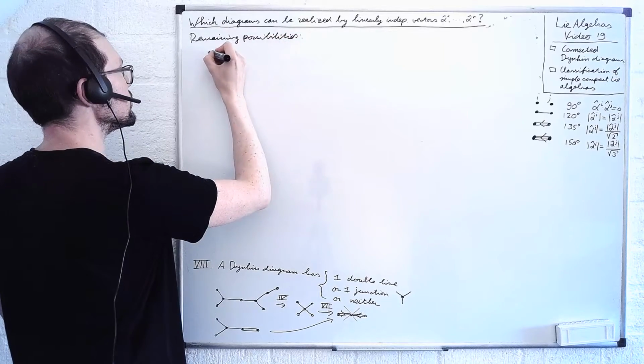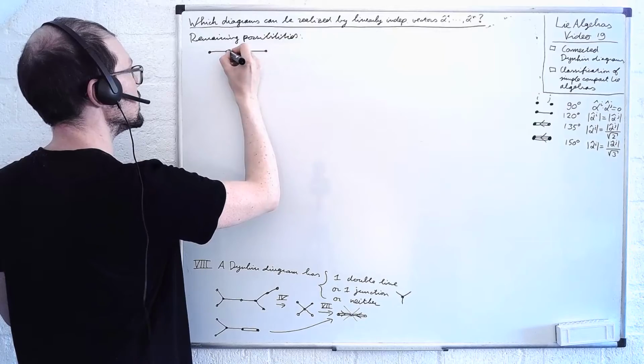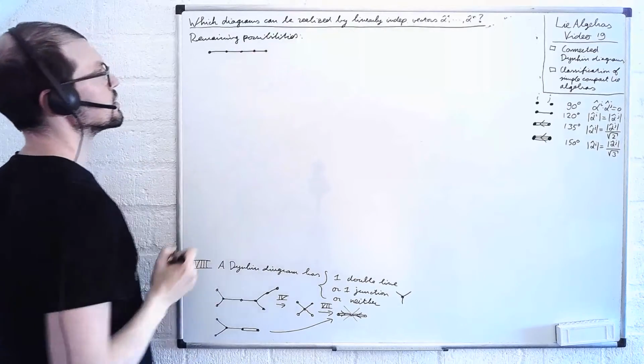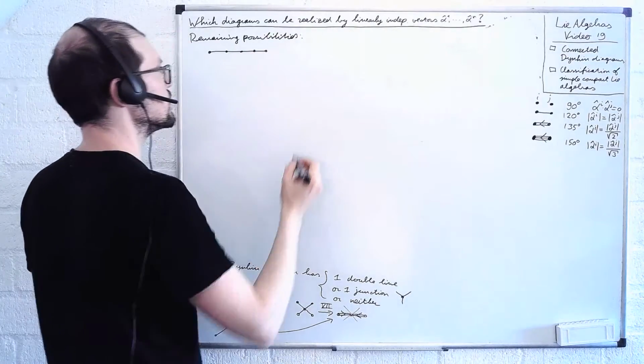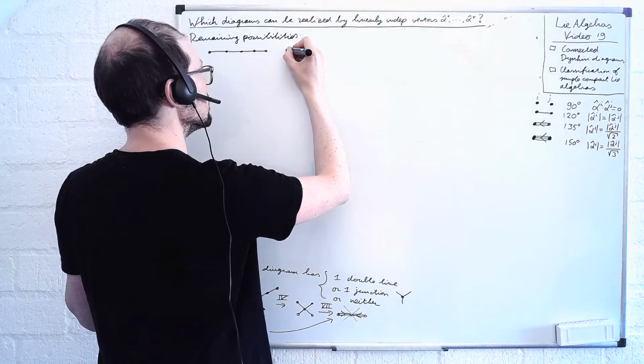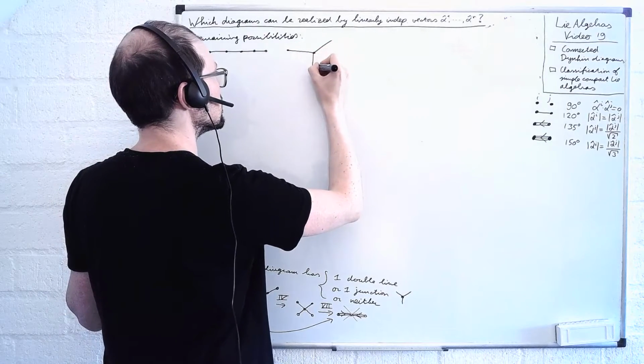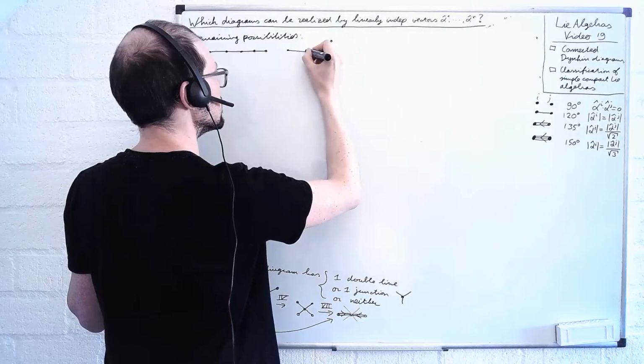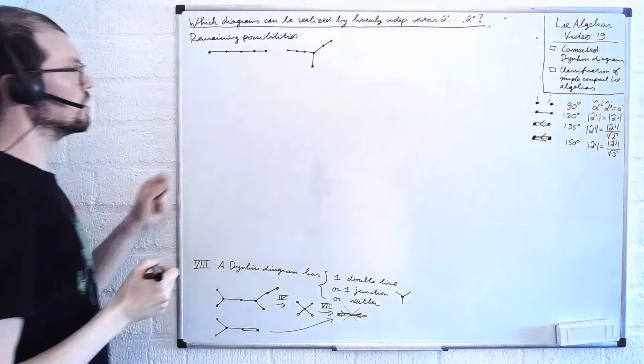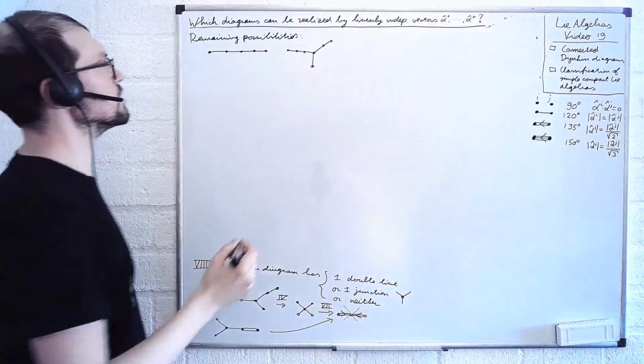We can have just a line of single lines of arbitrary length. We can have something with a junction, something like this with any number of nodes on these 3 lines.